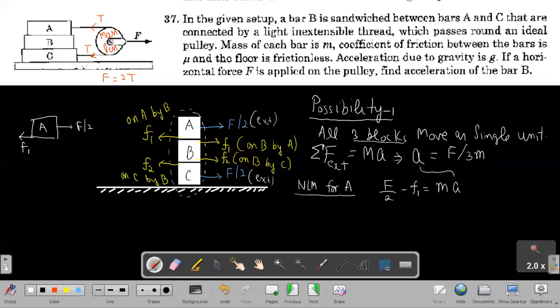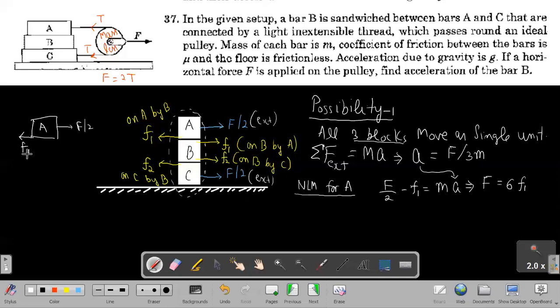But this acceleration will be substituted as F over 3m. If you substitute the value of a as F over 3m, you get F equal to 6 times F1.